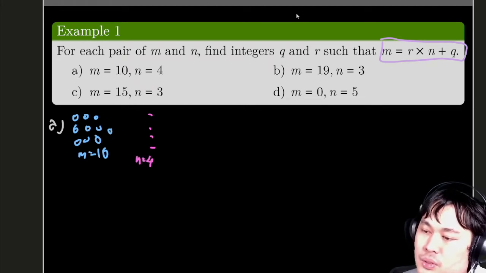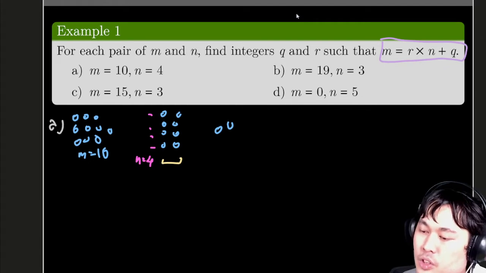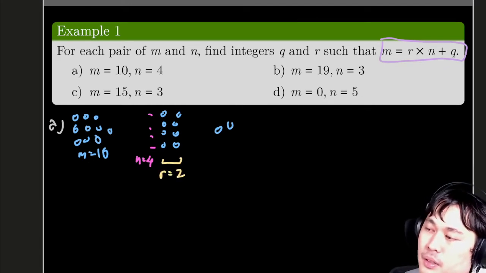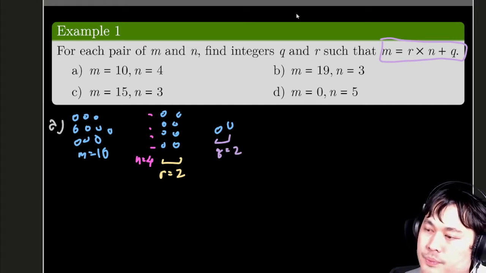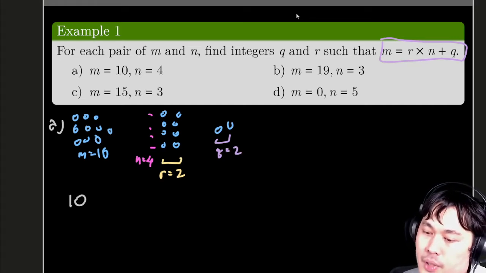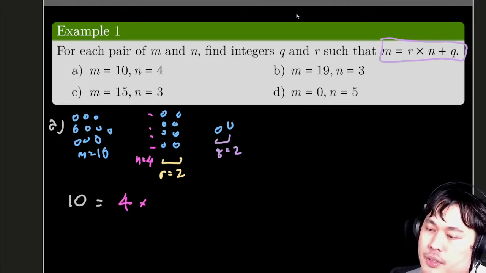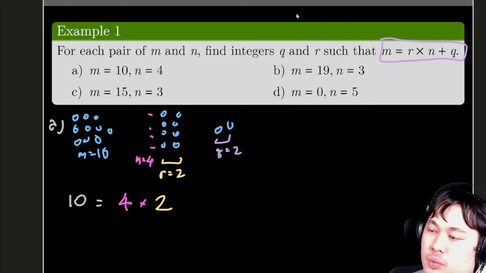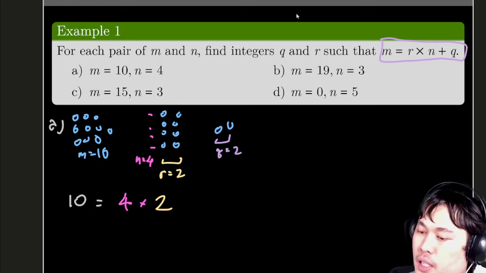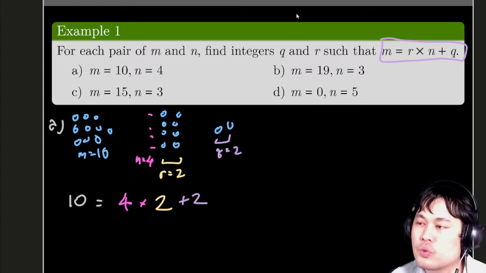You can do 1, 2, 3, 4, 1, 2, 3, 4. We have 2 left over. So each group has 2 elements, and the remainder is 2. That means we can write 10 as 4 times 2 plus 2. We have 4 groups, each group has 2 elements, and the remainder is 2.